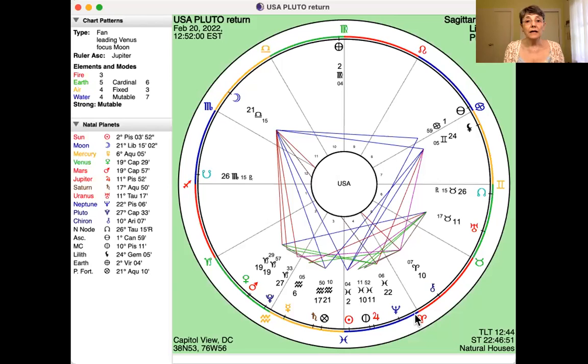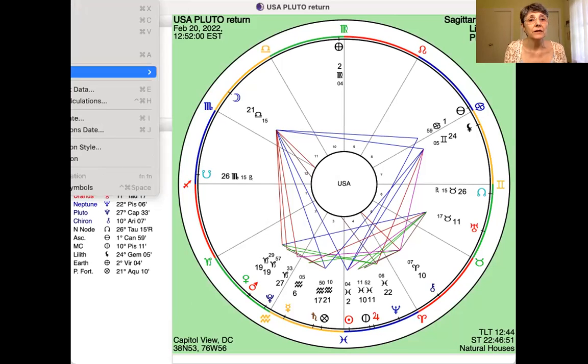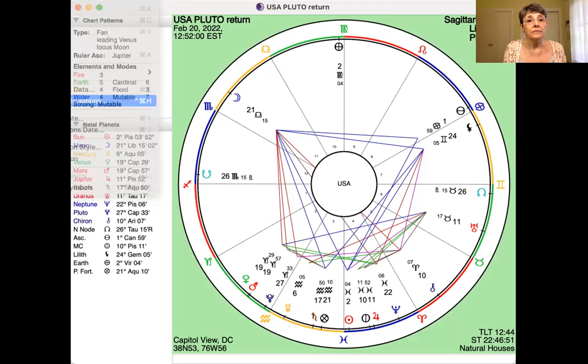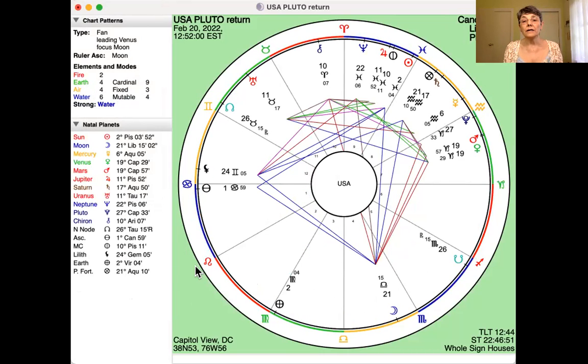Okay, let me share the screen, which is this one. Just a minute, I'm going to change something here. So first of all, you can see the chart.